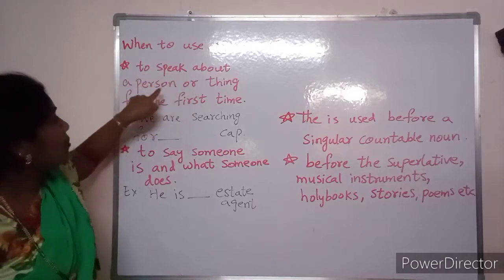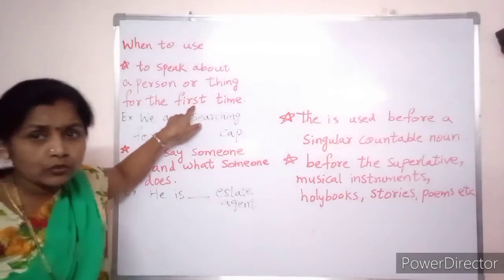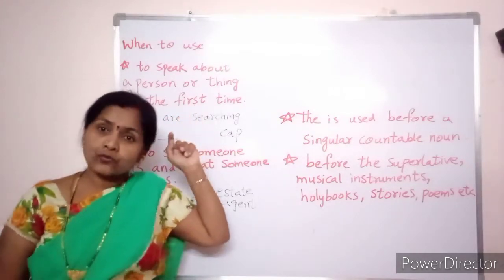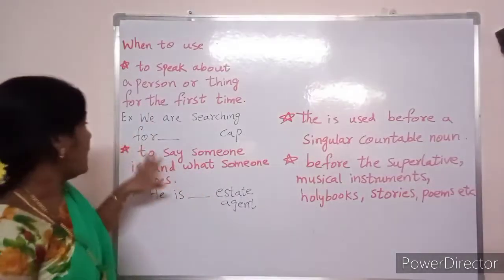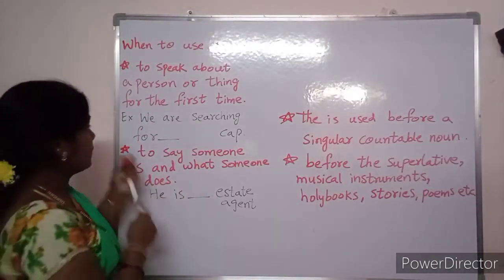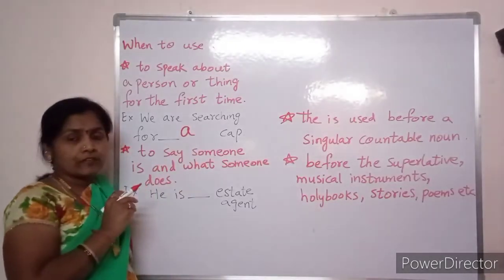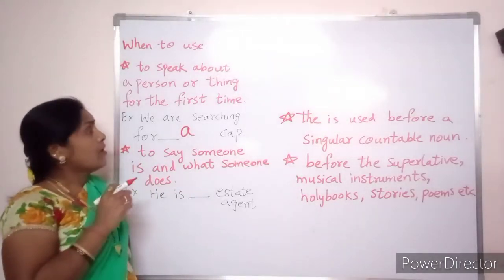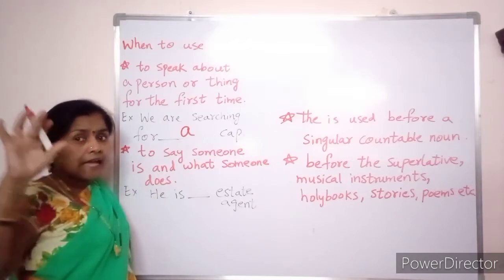To speak about a person or a thing for the first time, when we are saying it for the first time, we should use a. For example, here, what did I write? We are searching for a cap. Suppose I say the same sentence, we are searching for a red cap.